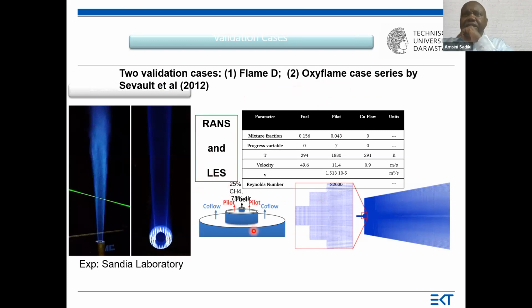This is the flame D configuration here, the Sandia flame, and we use almost the same experimental setup, but now not with flame D, but with oxyflame.